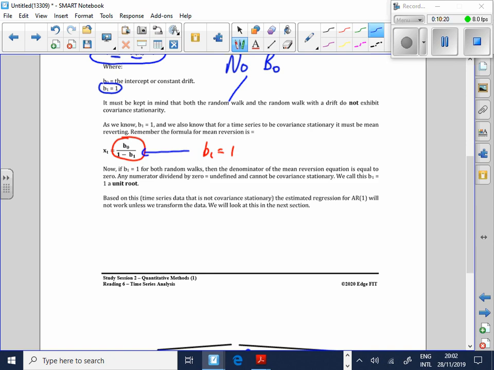What's 1 minus 1? 0. Any numerator divided by 0 is undefined. What do we call this? Whenever we've got B1 equal to 1, we call it, this is the fancy word, guys, you're going to see it many times, a unit root. Something I don't like. I don't want a unit root.